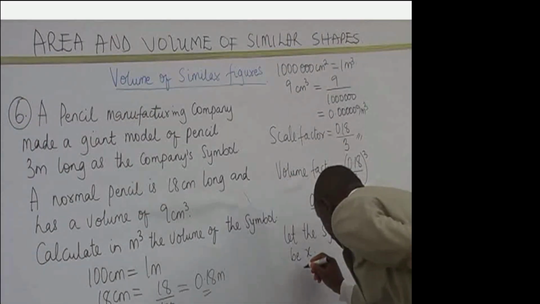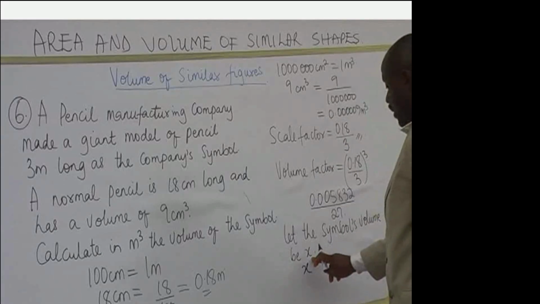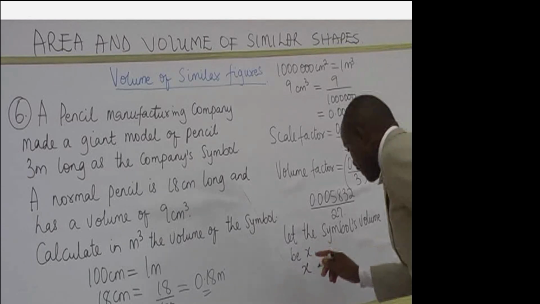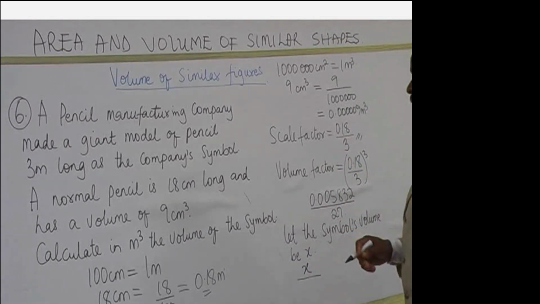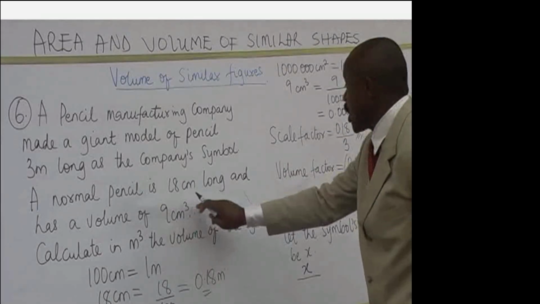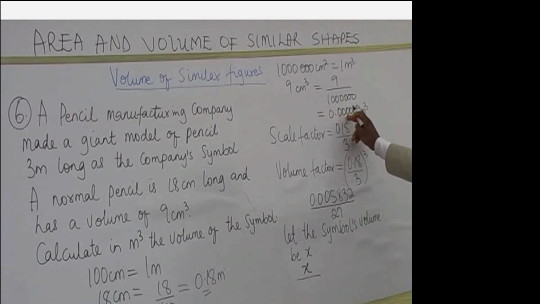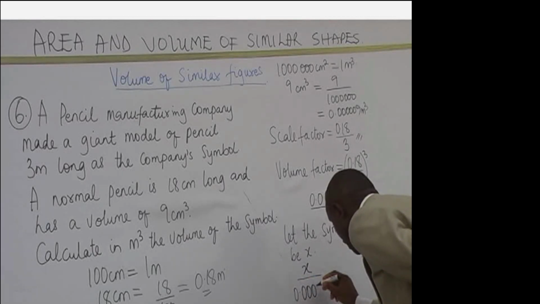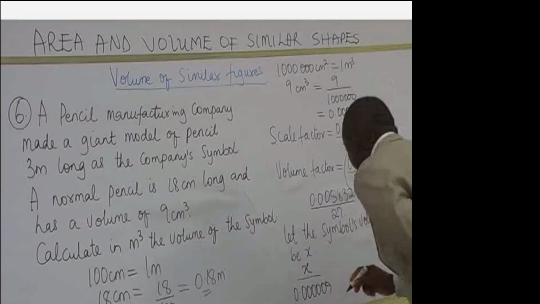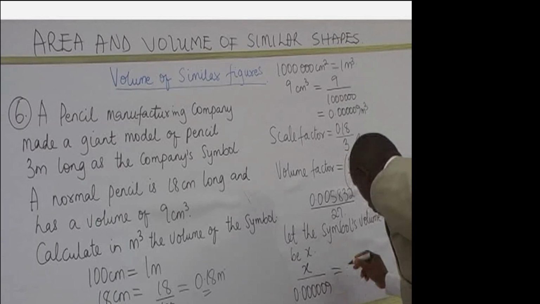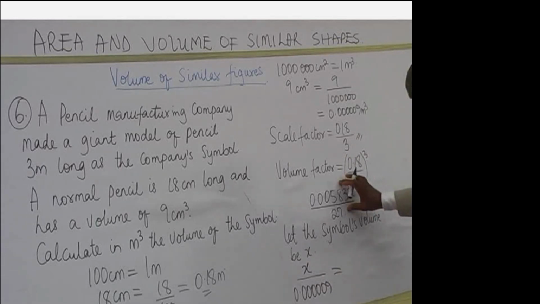Let's build the equation: x, which is the volume of the symbol the question is asking for, divided by the volume of the normal pencil, which we calculated from 9 centimeter cube to become 0.000009 meter cube, is going to be equal to the volume factor now.